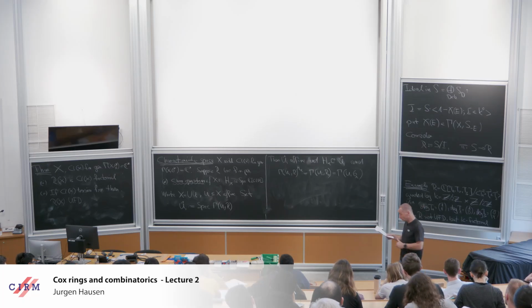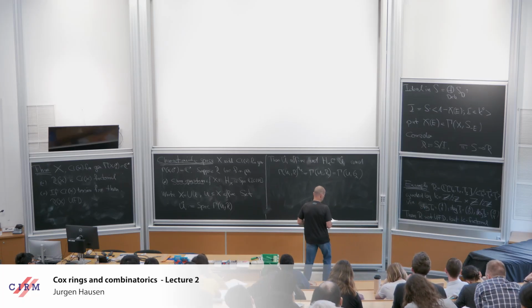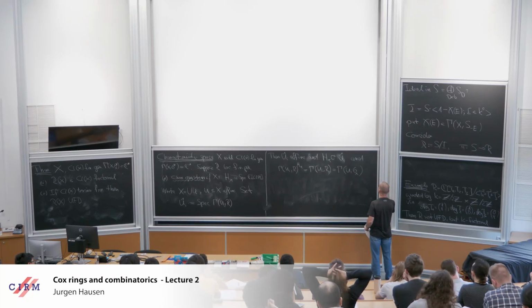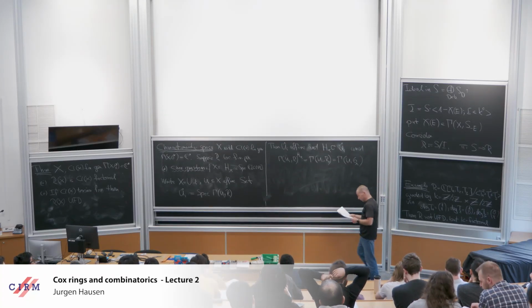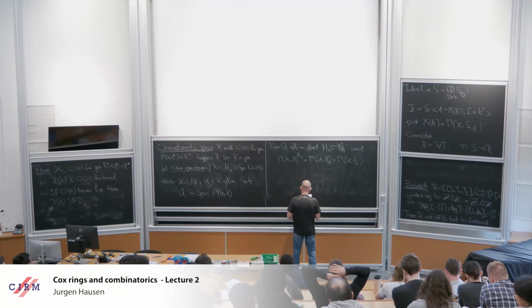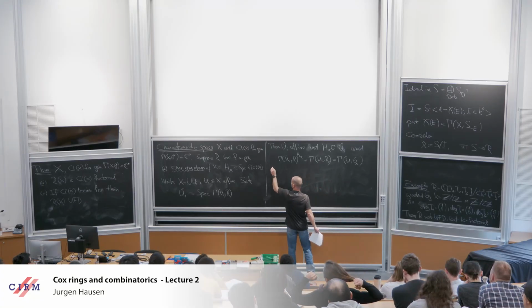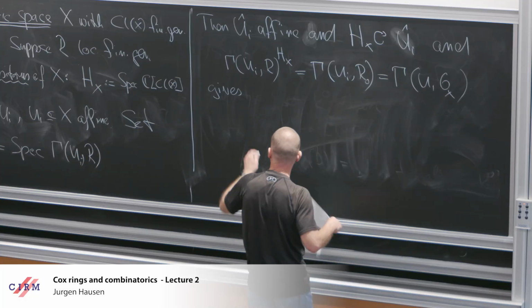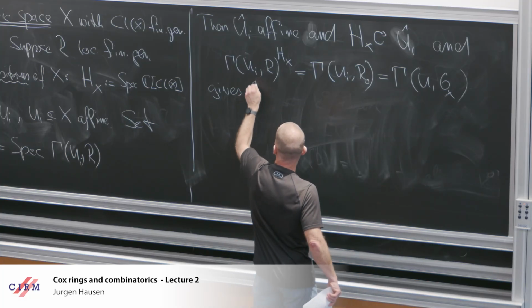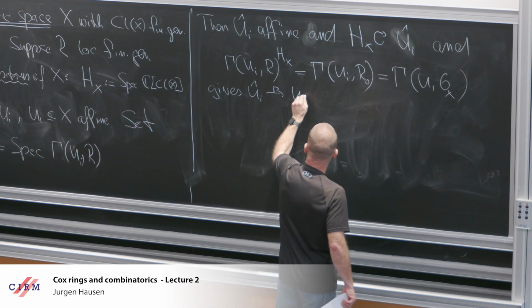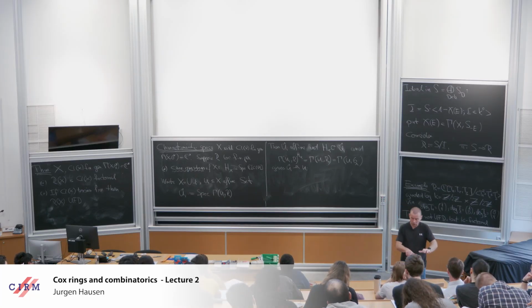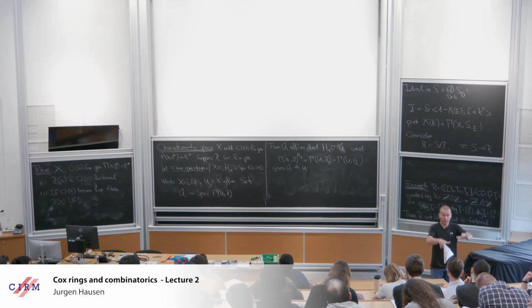That is good news, because now we can do some bricolage. This gives us, for each U_i, a morphism. Well, the algebra of functions of U_i is included in the algebra of functions of U_i hat.